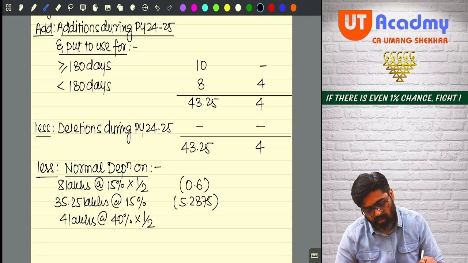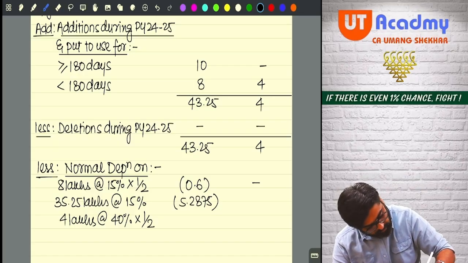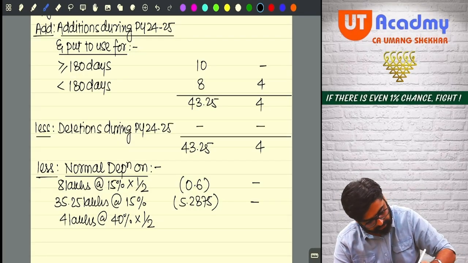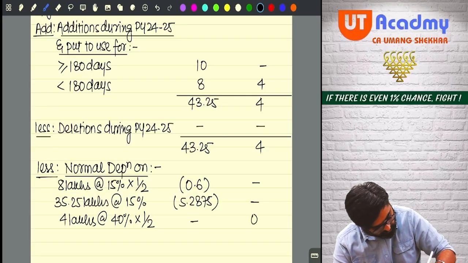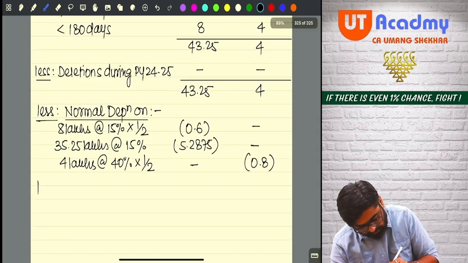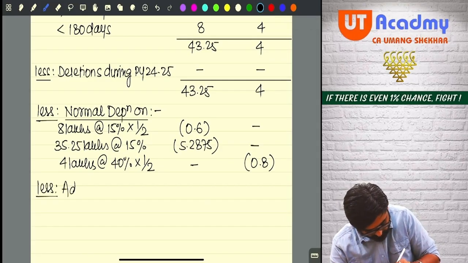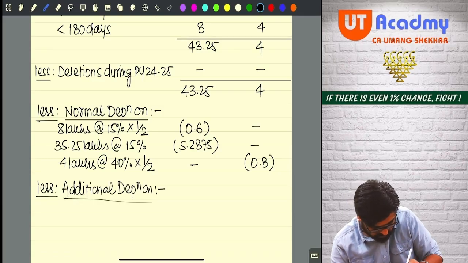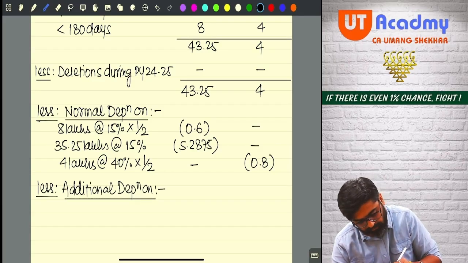Okay. And on 4 lakhs, it will be 20%. 4 into 20% will be 0.8 lakhs. Now less additional depreciation on 10 lakhs.